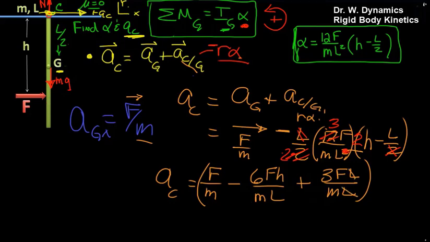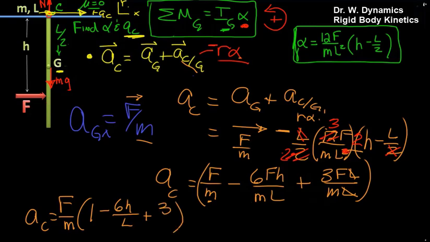And we could factor out an F over m, so we have a sub c will be F over m, and we get 1 minus 6h on L plus 3, and 1 and 3 is 4, so we'll get F over m times 4 minus 6h on L.